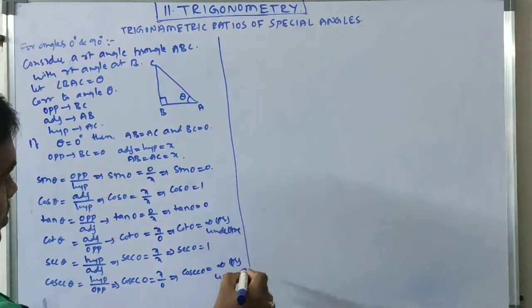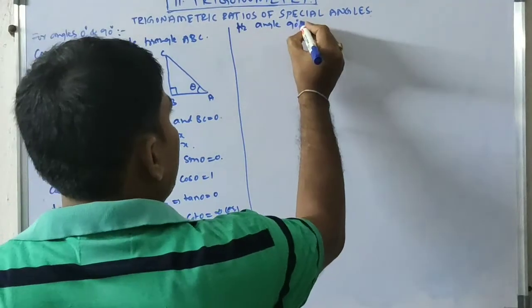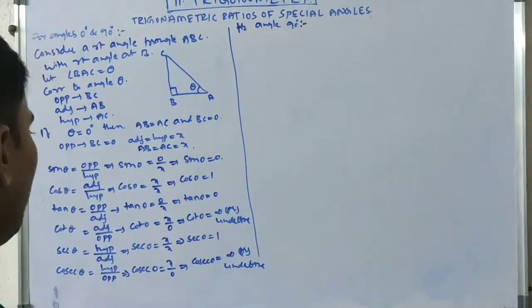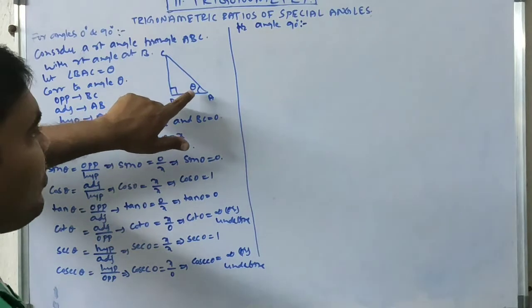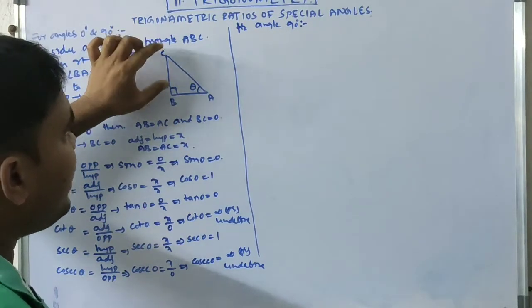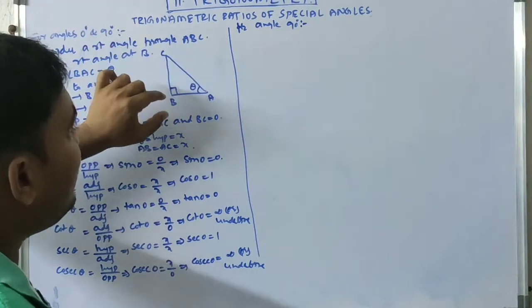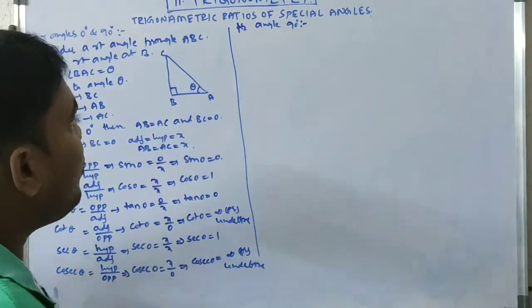So now that is for angle 0 degrees, now for angle 90 degrees. If you are taking angle 90 degrees, this is angle theta. If points B and C coincide, AC is equal to AB, then the angle is equal to 0.